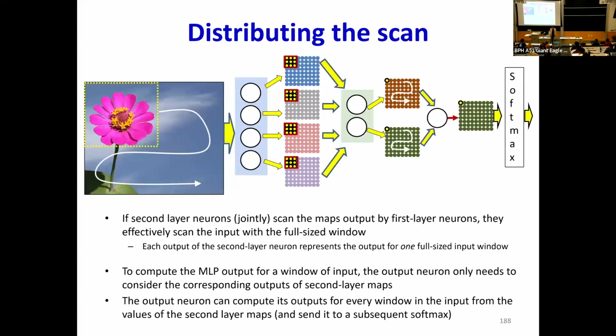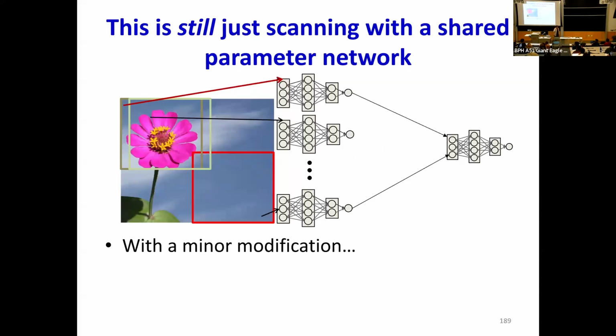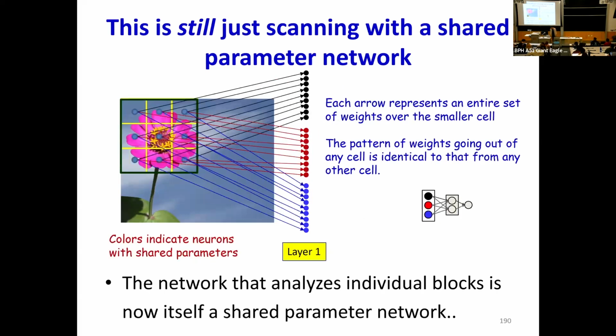But even before recursing, I want to point out that none of this has changed the basic fact that it's still scanning with a shared parameter network. That story has not changed. You are still scanning with a shared parameter network with one minor modification. Just consider this.